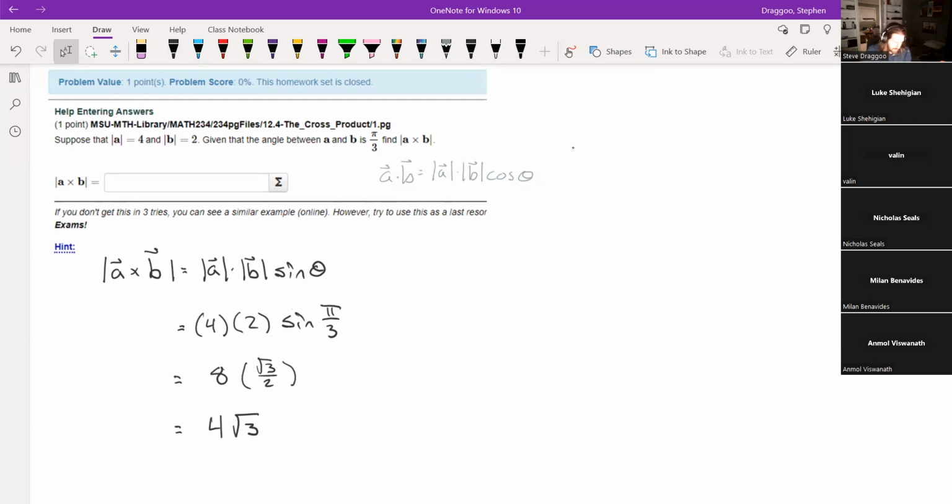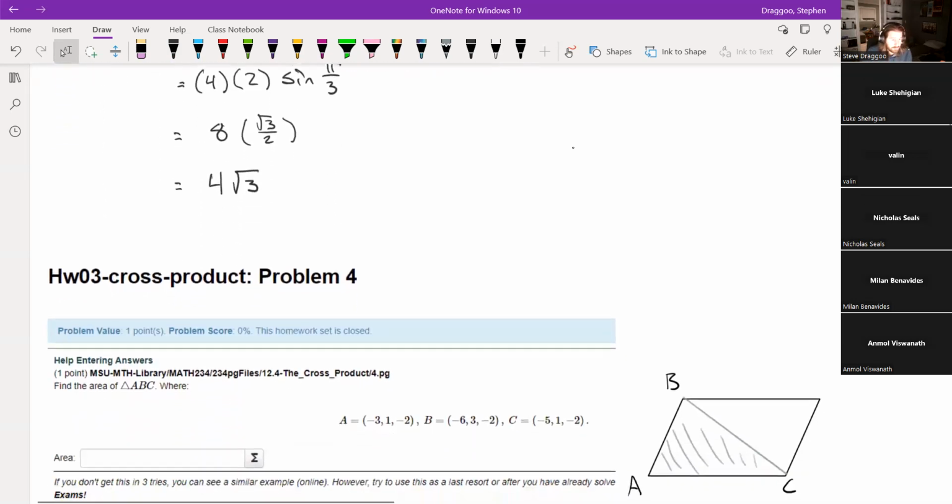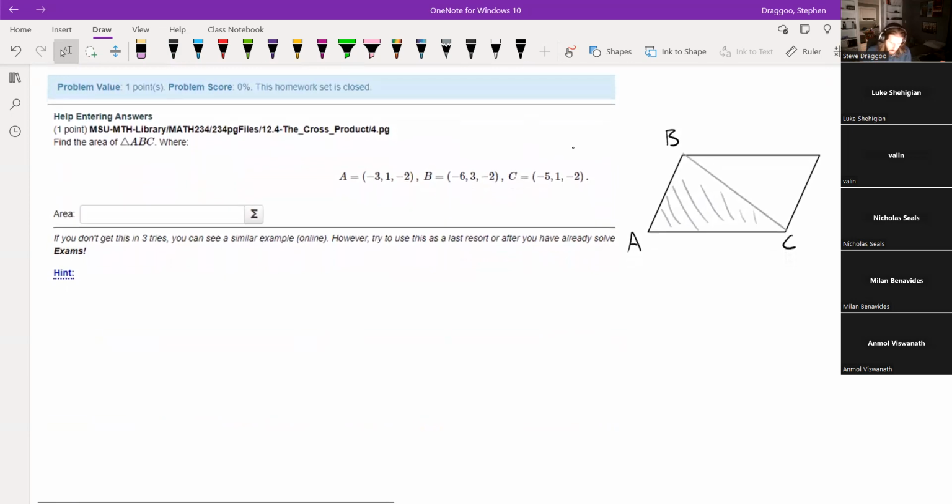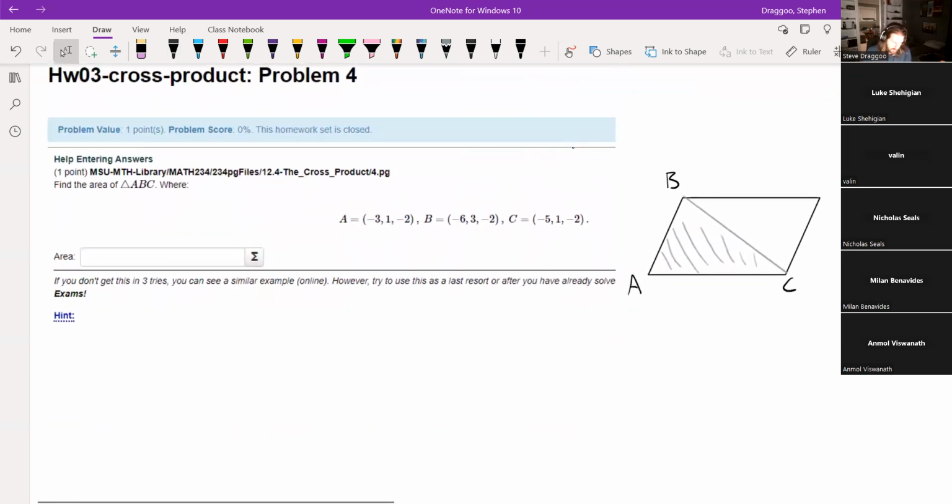So take any two vectors, it generates a parallelogram, and the magnitude of the cross product will give us the area of that parallelogram, which means if we're after the area of just the triangle, it should be half of the area of that parallelogram.